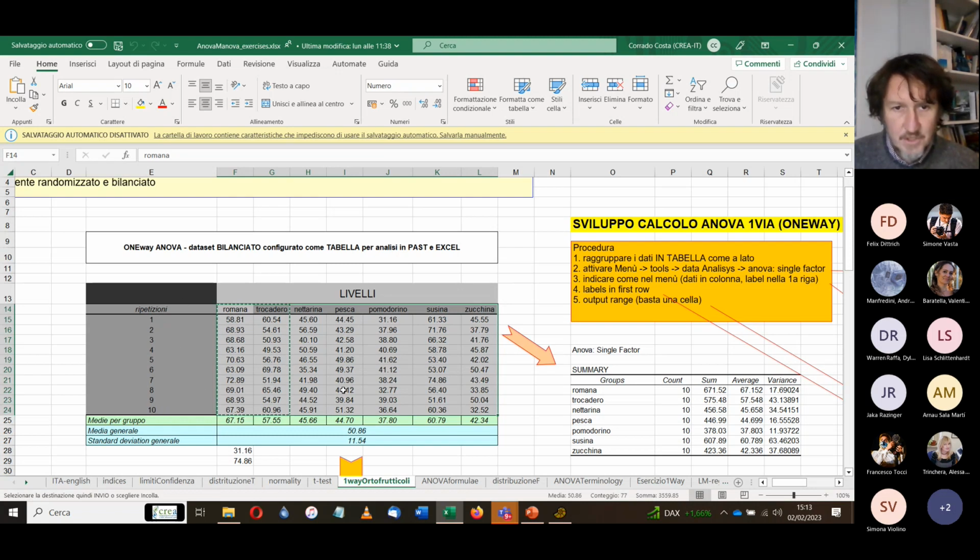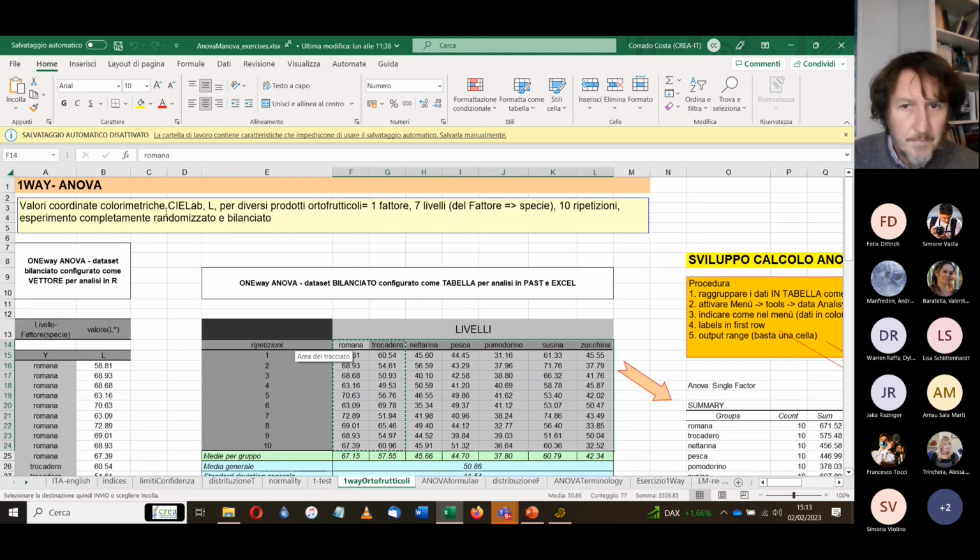So 10 measures of the same variable, that is, I can't remember, a colorimetric coordinate L of the CIELAB space. So it is a color measure.